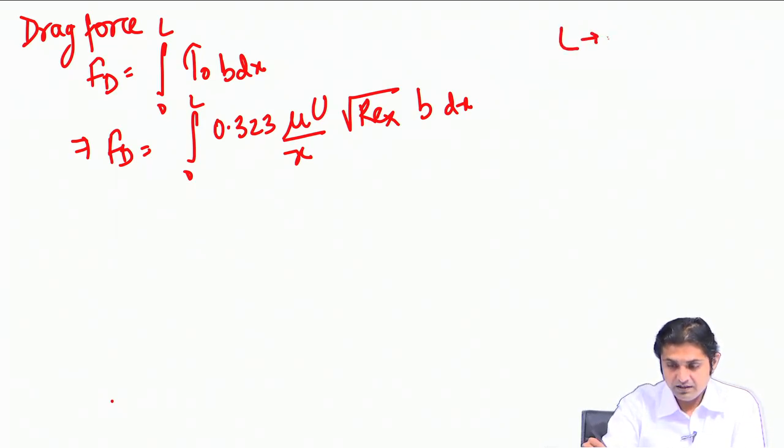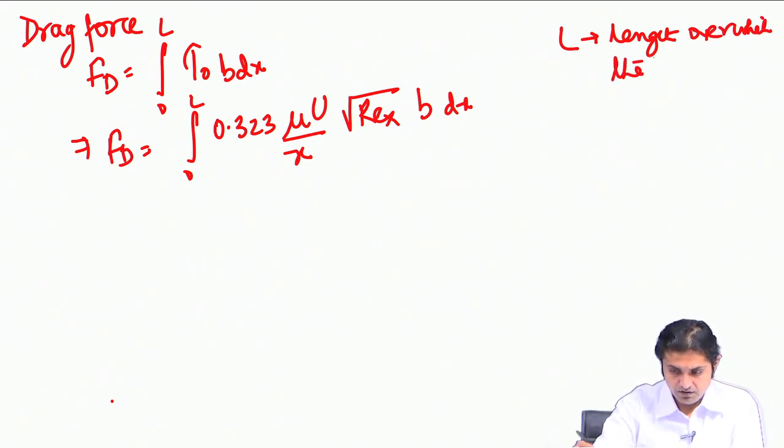Here L is the length over which the drag is intended to be found.